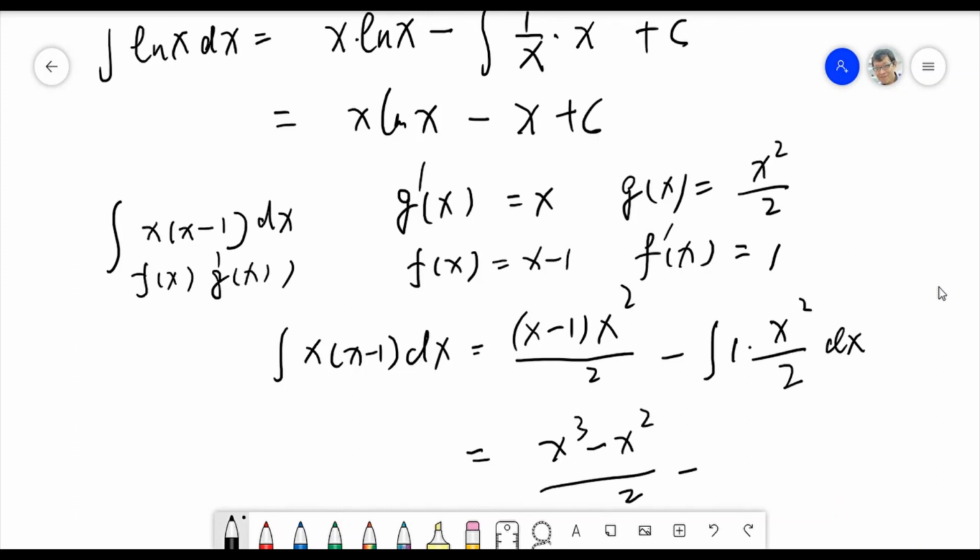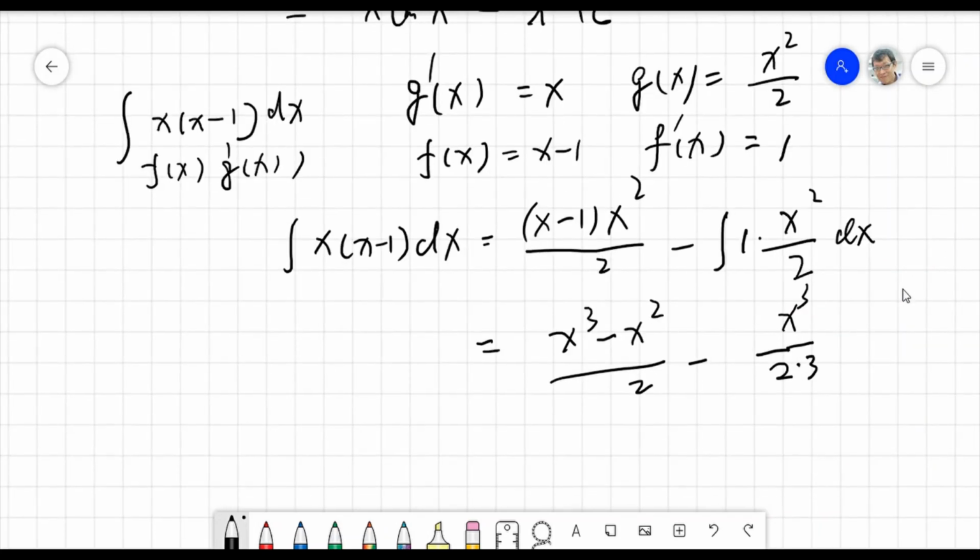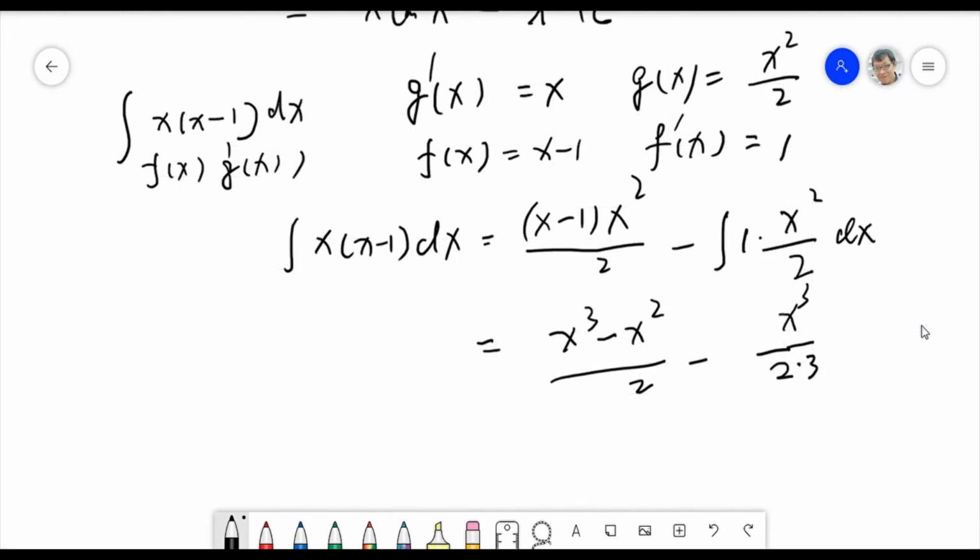Then we know that if there is a constant, we can move it out, right? So x squared over 2 integrated will be x cubed over 3. Am I right? Yeah. So it will be what?